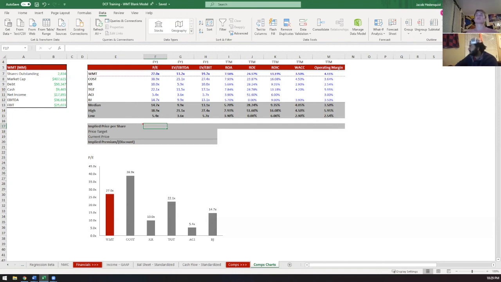But, for example, thinking about a pitch from last year, comparing Coca-Cola and Pepsi, Coca-Cola trades at a higher multiple than Pepsi. You might be like, oh, well, on the surface, that means Coca-Cola is overvalued.